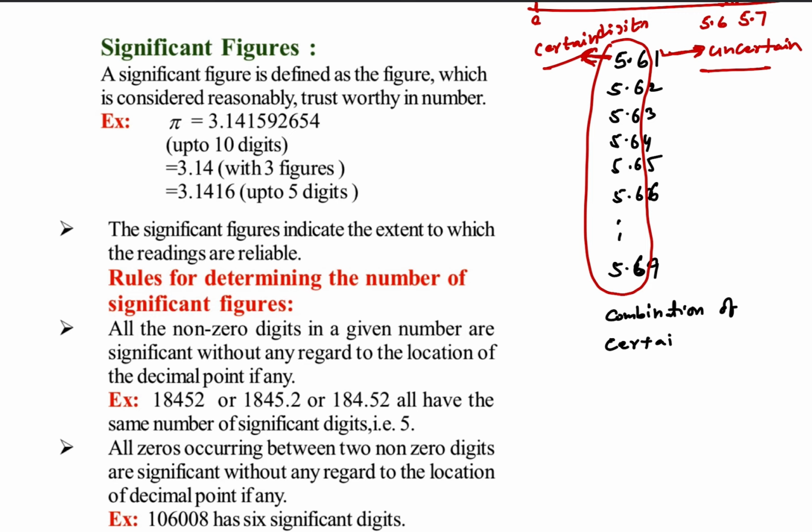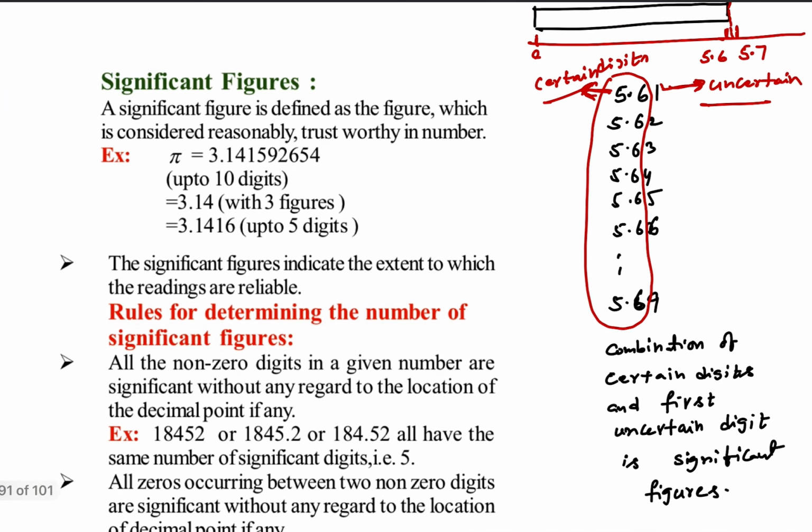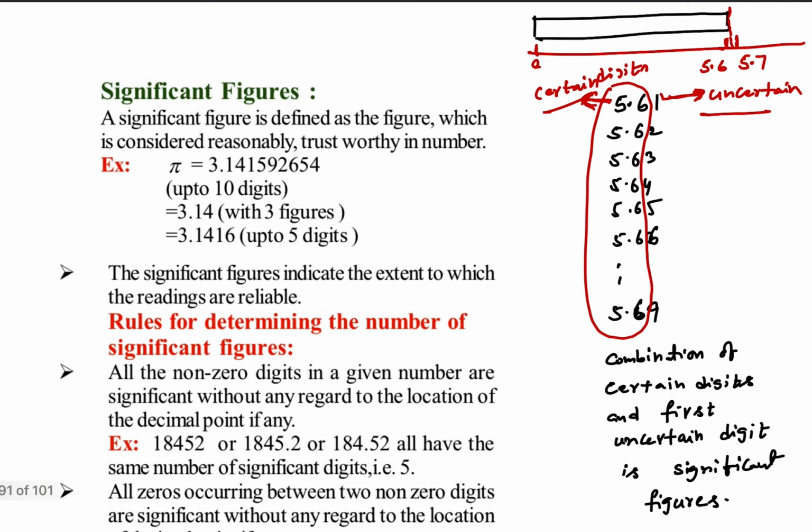I am writing the meaning of significant figure: the combination of certain digits and the first uncertain digit is significant figure.